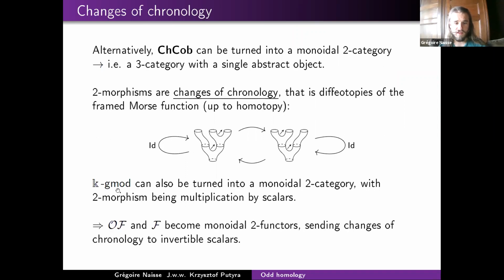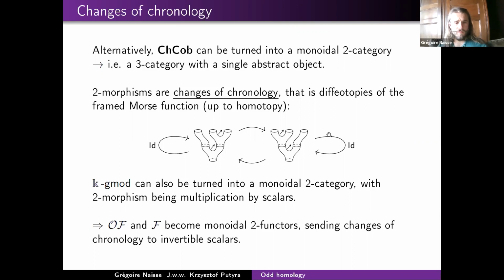And you can do something similar, and you can turn the category of graded vector spaces into a monoidal two-category, where the two-morphisms are now multiplication by scalars. And then you can view both F and OF as monoidal two-functors, where the changes of chronology are sent to invertible scalars. And in the case of F, all these scalars are just one, because you don't have signs.